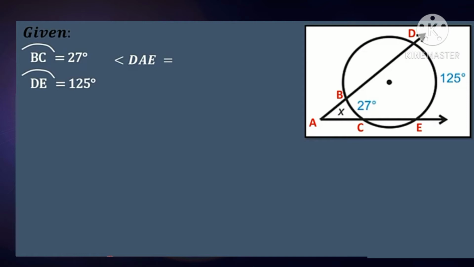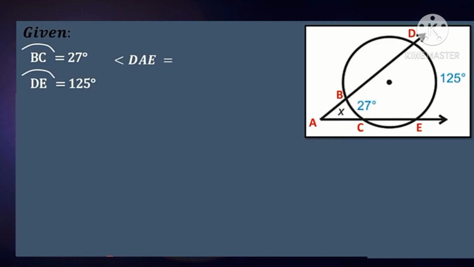So let's try to find the value of the exterior angle formed by two secants. Based on the figure, given that arc BC is equal to 27 degrees and arc DE measures 125 degrees, we need to find the value of angle DAE, which is the exterior angle.